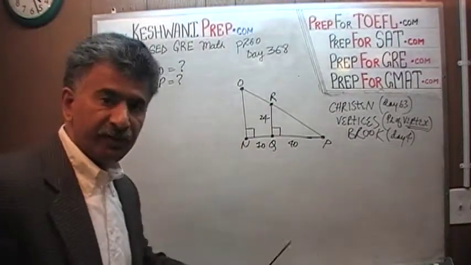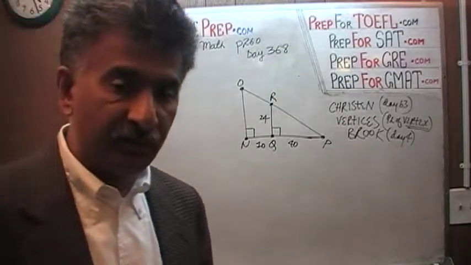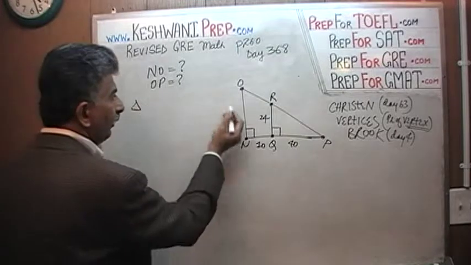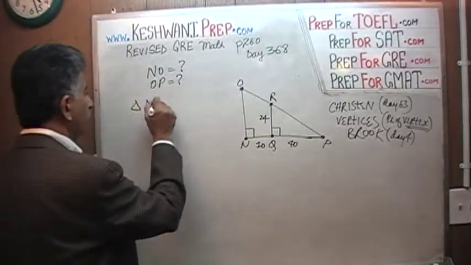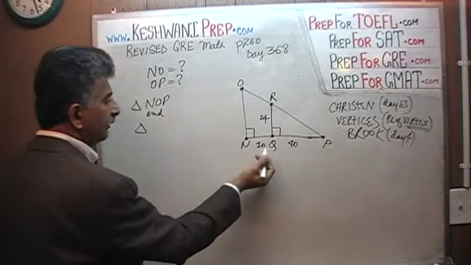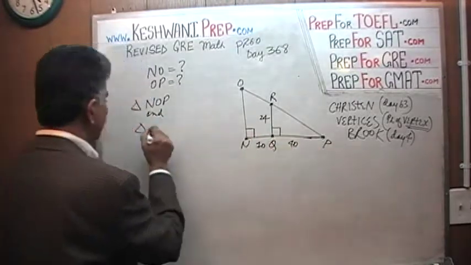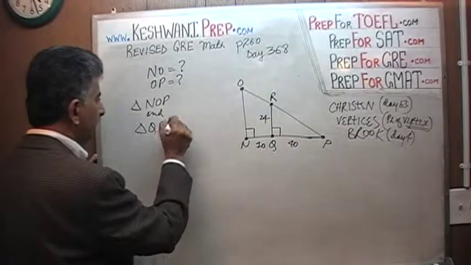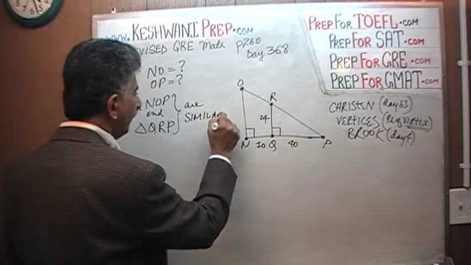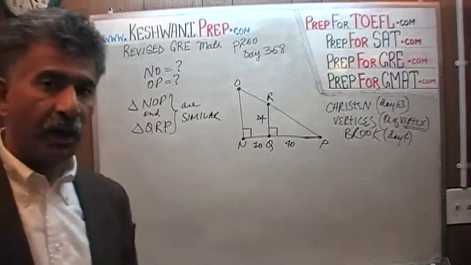Again, this problem also deals with the notion of similar triangles. The triangle NOP and the triangle QRP are similar. And again, what does it mean for two triangles to be similar?